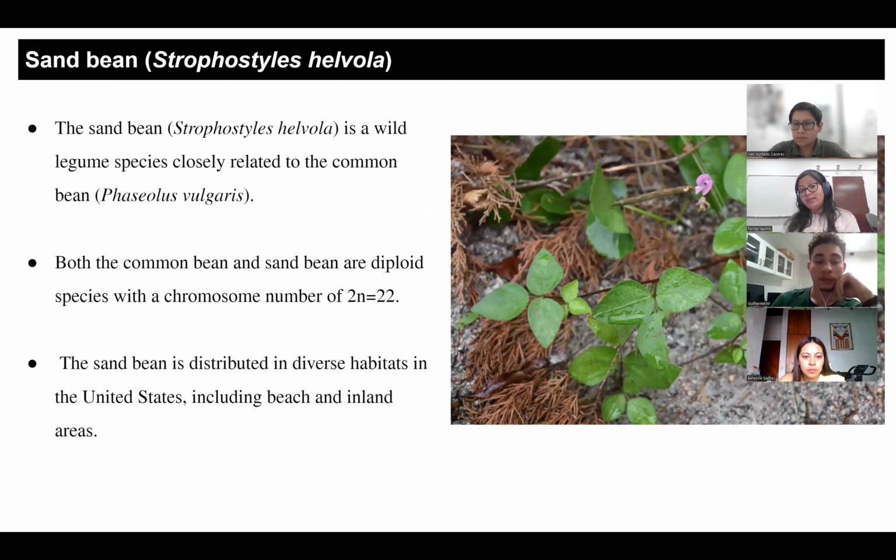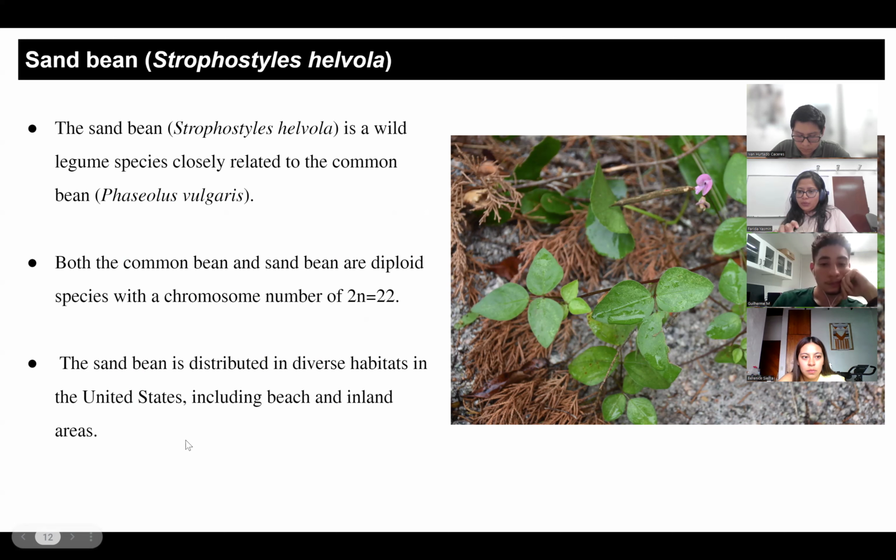Because it's a wild relative, and we should focus more on crop wild relatives because they have higher genetic diversity, so that we can find interesting good genes and introduce them to other plant species, right? Their usual habitat is in the United States.